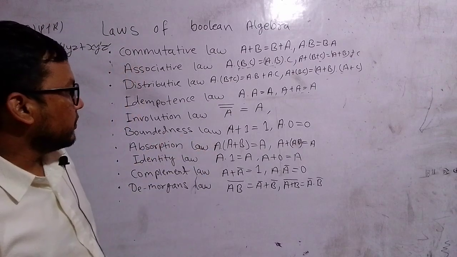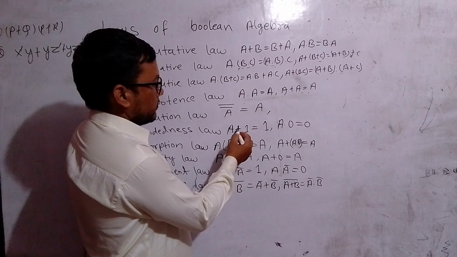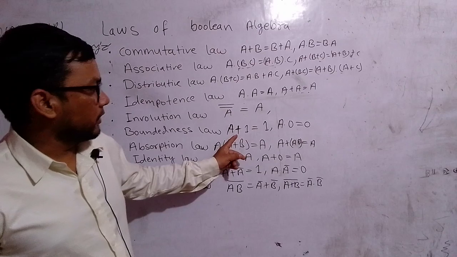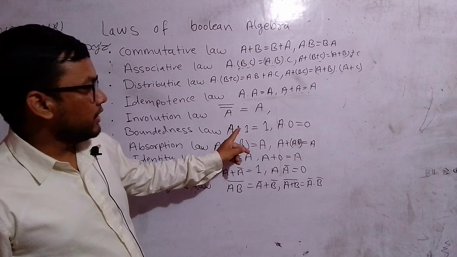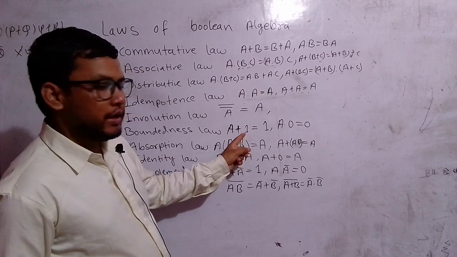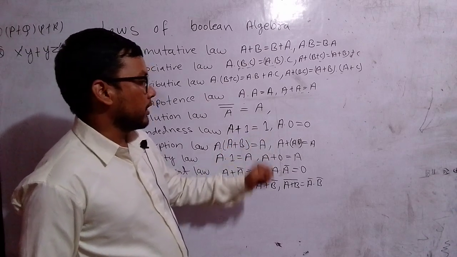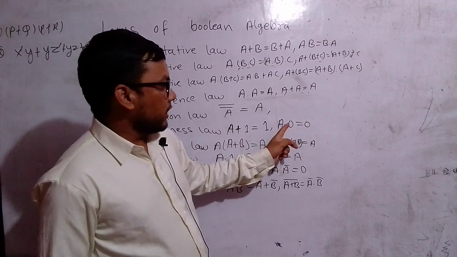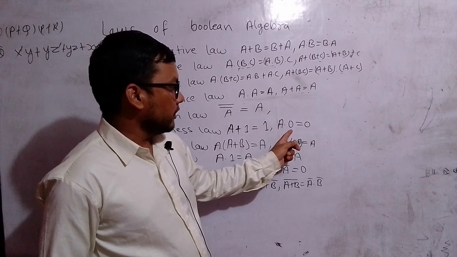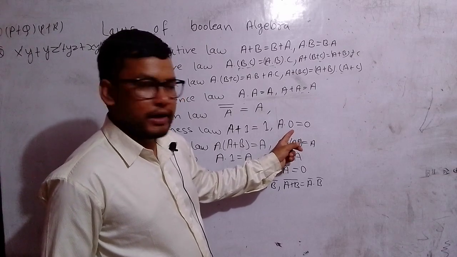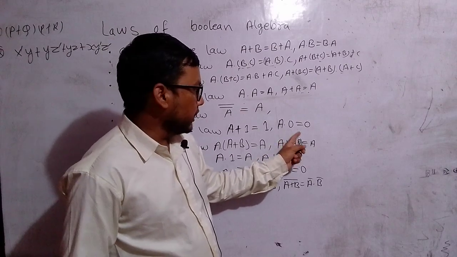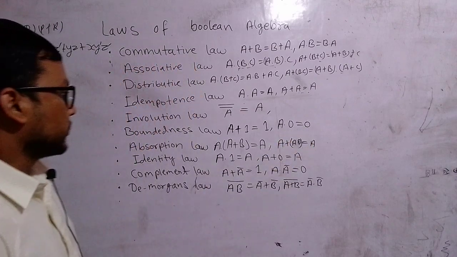Boundedness law. In the boundedness law, if we add 1 to any variable, it means OR operation. If an OR operation encounters any 1 in its input, then it will produce 1. And for the AND gate also, if the AND gate gets any 0 in its input, regardless of the other input, then it will give 0 output.